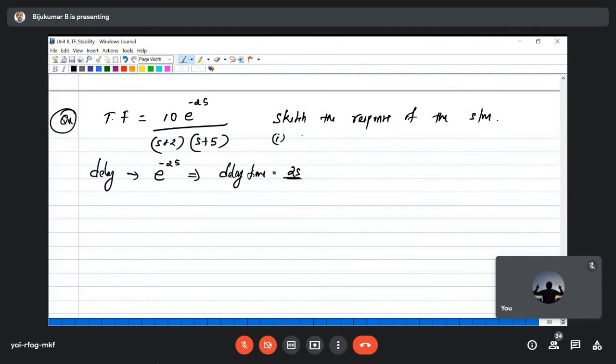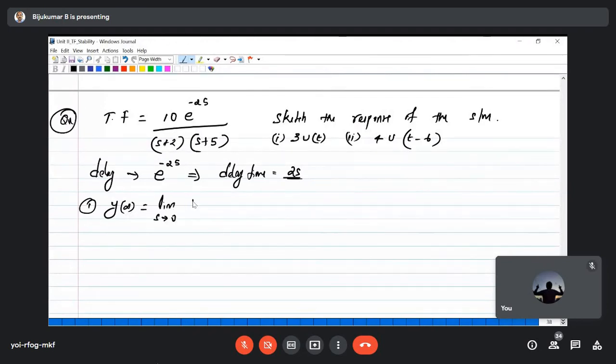The first one is 3 u of t. The second one is 4 u of t minus 6. So how will you plot this? First of all, we want to find the steady state value, right? So we can find the steady state value by applying final value theorem.